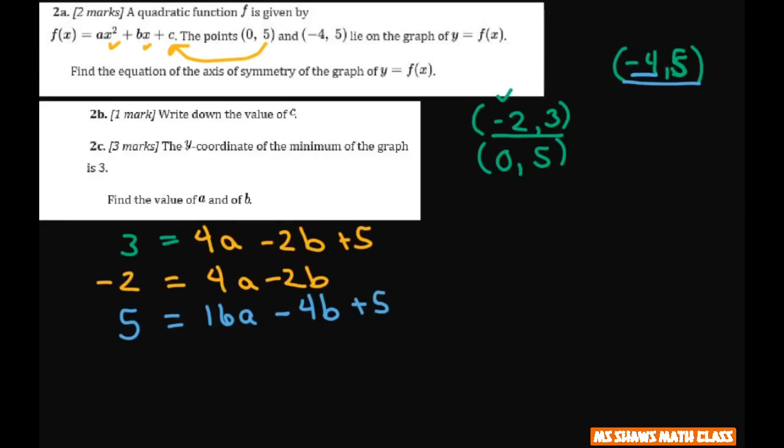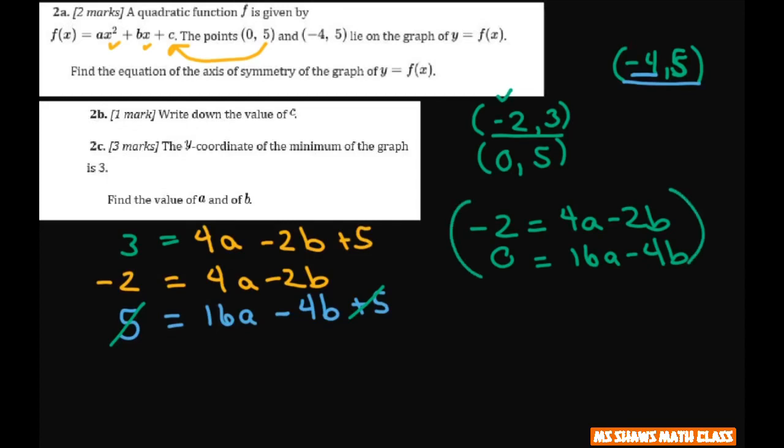So our two equations are -2 equals 4a minus 2b, and 0, because those two will cancel, is 16a minus 4b. Now I'm going to go ahead and multiply the top equation by -2 just to make it easier. So that's going to be 4 equals -8a plus 4b. And the second equation is 16a minus 4b. So that eliminates our b.